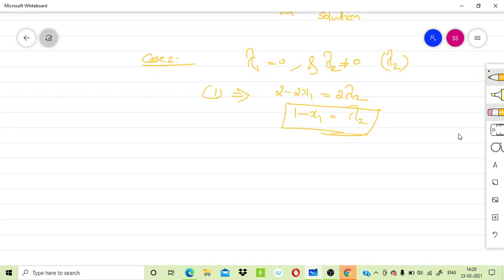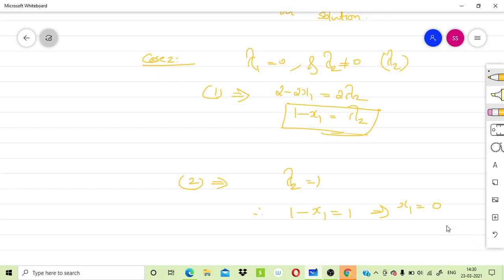Then from equation 2, if you substitute lambda 1 equal to 0, you will get lambda 2 is equal to 1. Therefore 1 minus x1 is equal to 1, that implies x1 is equal to 0.